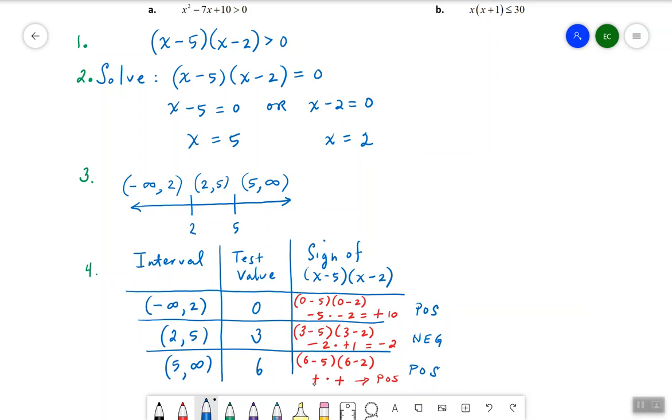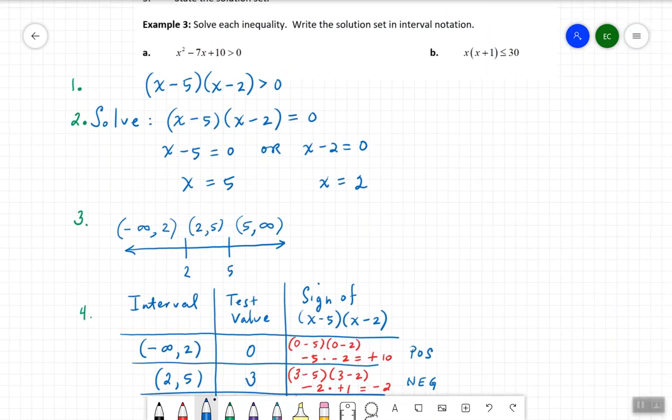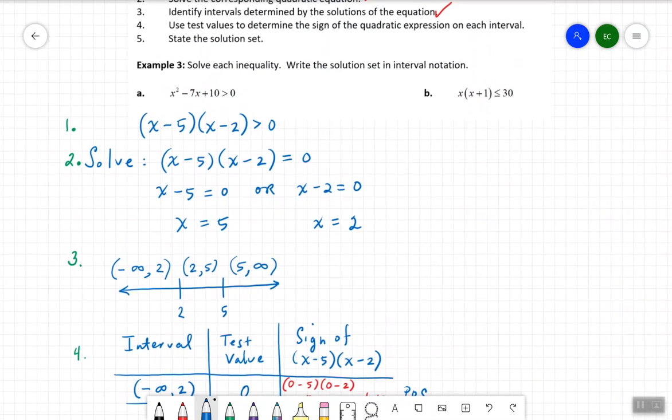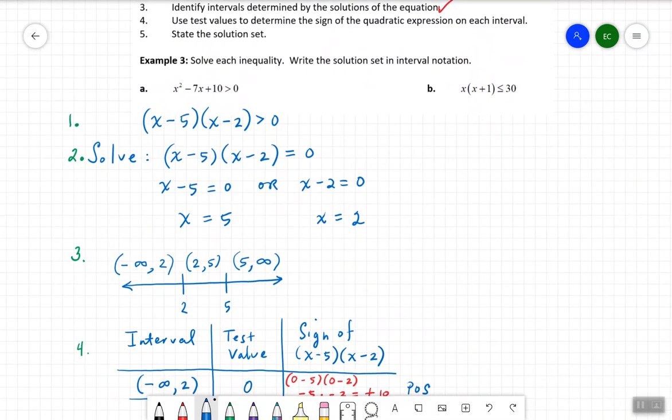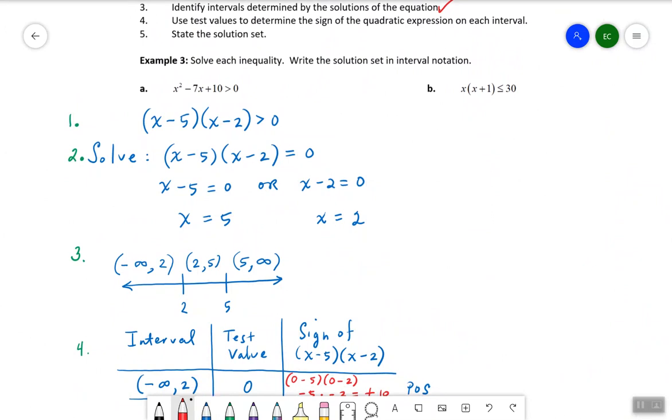And in the third row, a positive times a positive makes a positive. Okay, I think we're ready to make our conclusion. Let's double check. In step 4, we use test values to find the sign on each interval. And then in step 5, we're just going to make our conclusion.